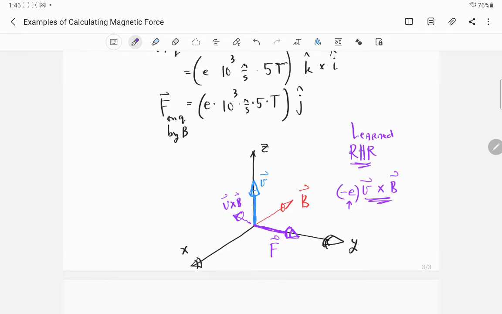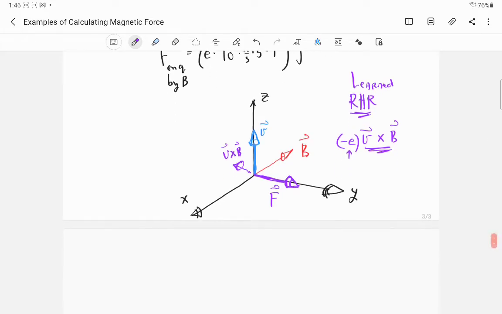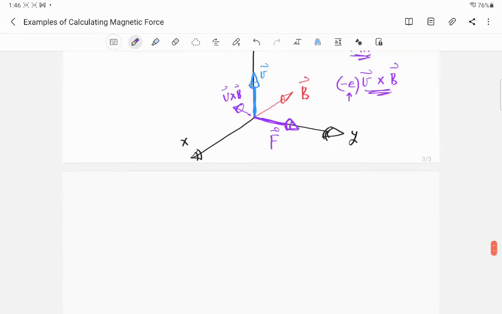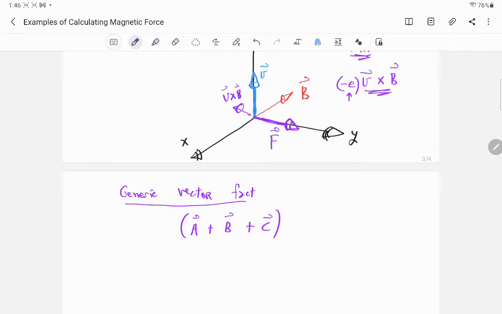Okay, so yeah. Let me show you something else. So here is a generic vector fact. You can do the following thing. Let's say that you have a vector, which is A plus B plus C. So I imagine a vector.